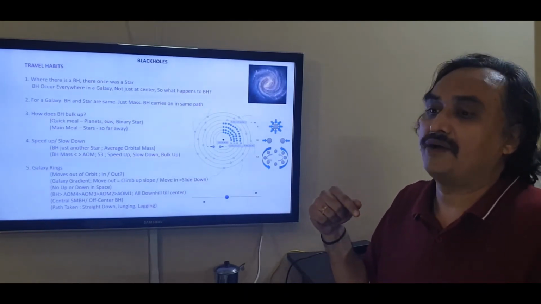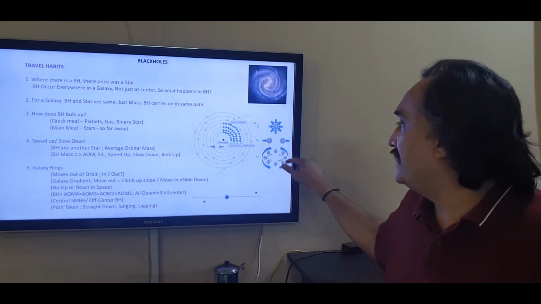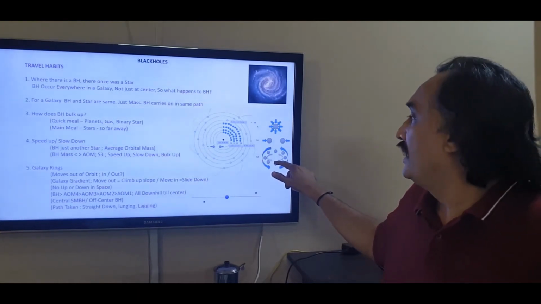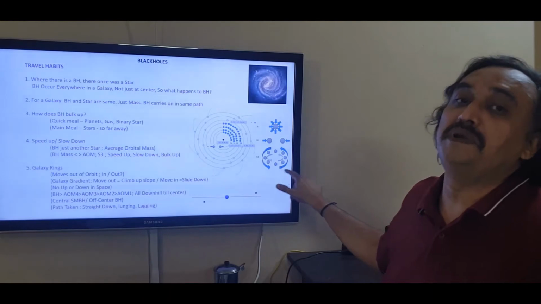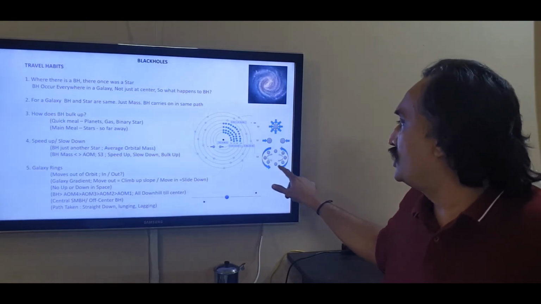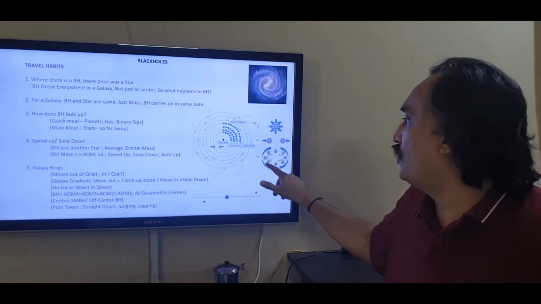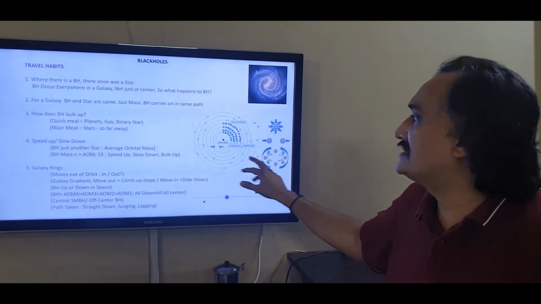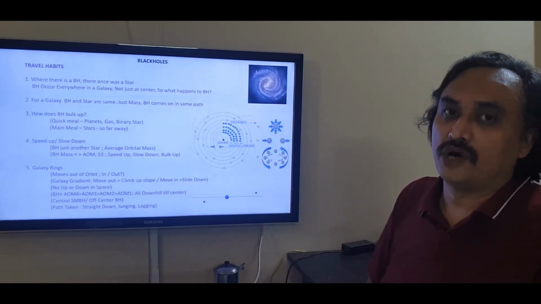But since the black hole mass now is less than the average orbital mass, this S3 would speed it up. S3 is general and common to all, irrespective of what the mass is. S3 is directly proportional to the average orbital mass.